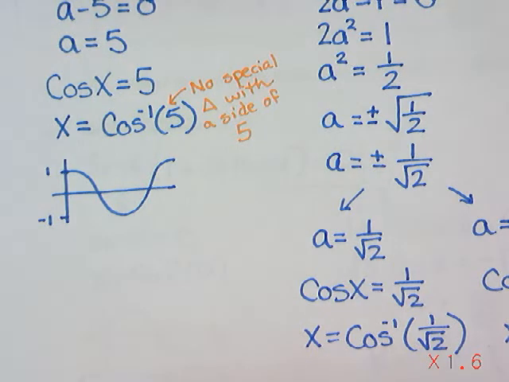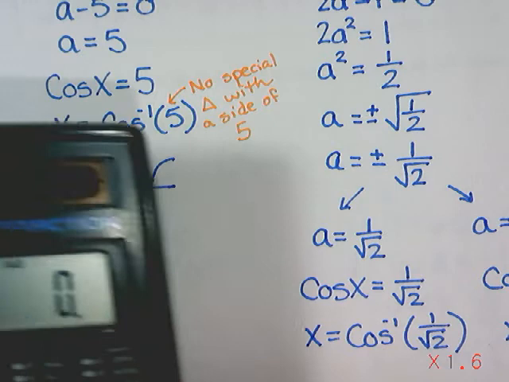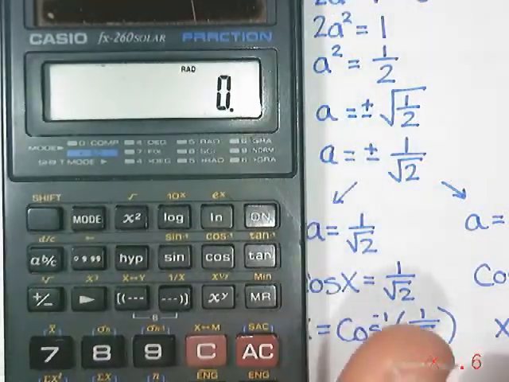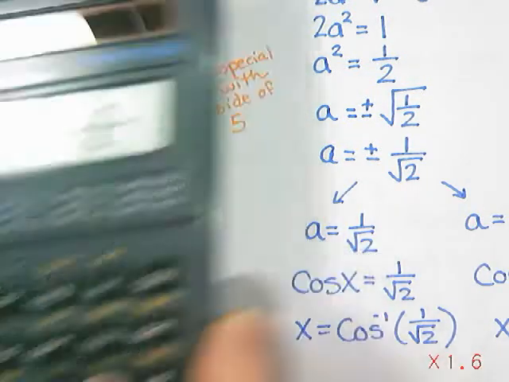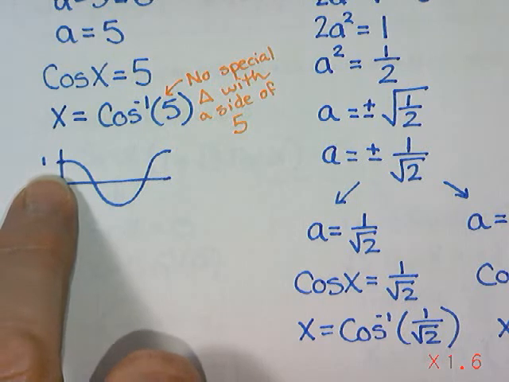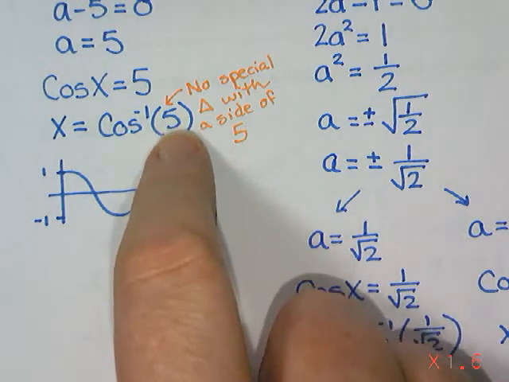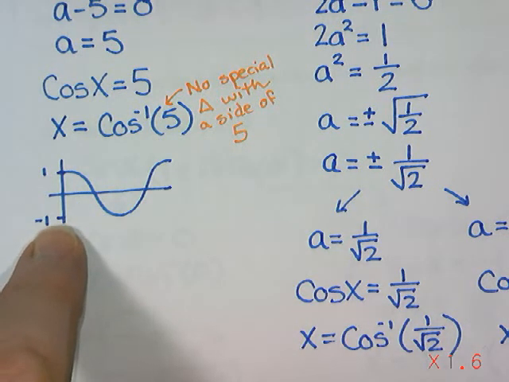Even if I try it on my calculator, which I'm just switching into radians, and try to do the inverse cosine of 5, I will get an error. That is because the number is bigger than 1. When I'm doing these calculations, the number inside the argument has to be somewhere between positive 1 and negative 1.